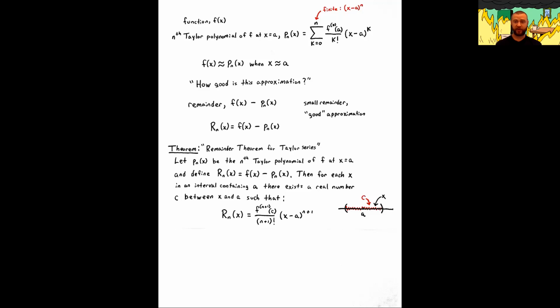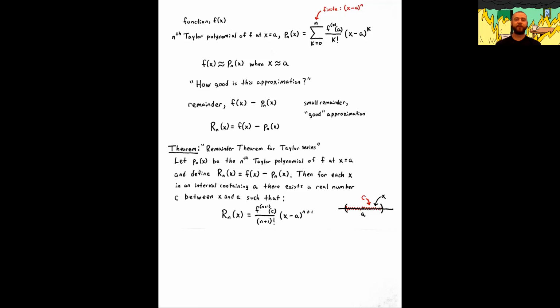So the order of the derivative here is one more than what's in your Taylor polynomial, n plus 1, evaluated at c. Provided we are working within the interval of convergence, there's a real number c for which we can directly calculate the remainder. I realize this might seem complicated, but it basically says your remainder is that derivative times x minus a to the n plus 1th power.